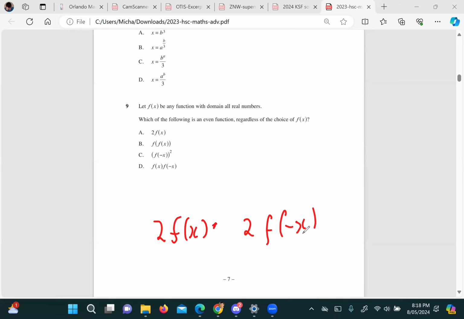Just wondering, if you want to do extension 2, Jonah, how would you prove that 2 times f of x is not even regardless of the choice of f? I'm not really sure.